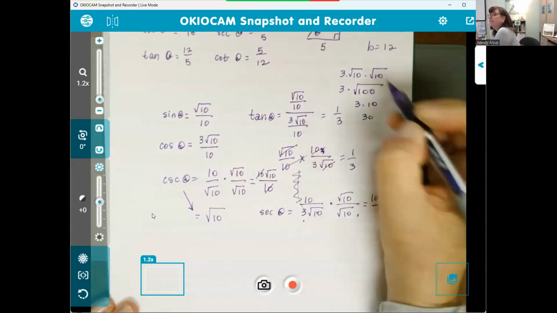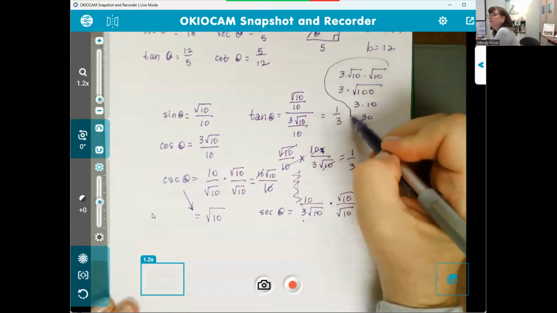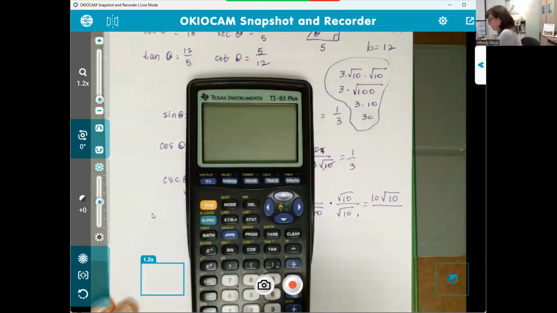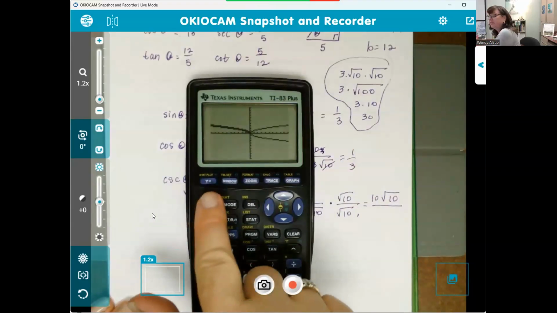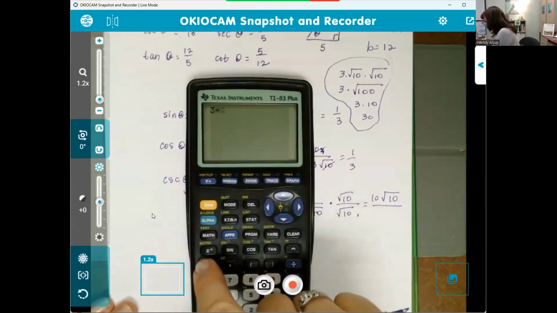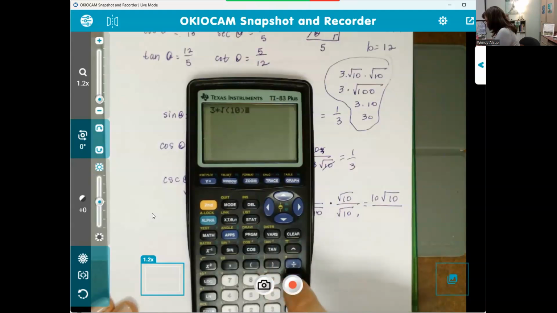which is 30. Now, let's say you didn't know what that was. Hey, we have graphing calculators. So I've got 3 times root 10 times root 10, drum roll, 30.